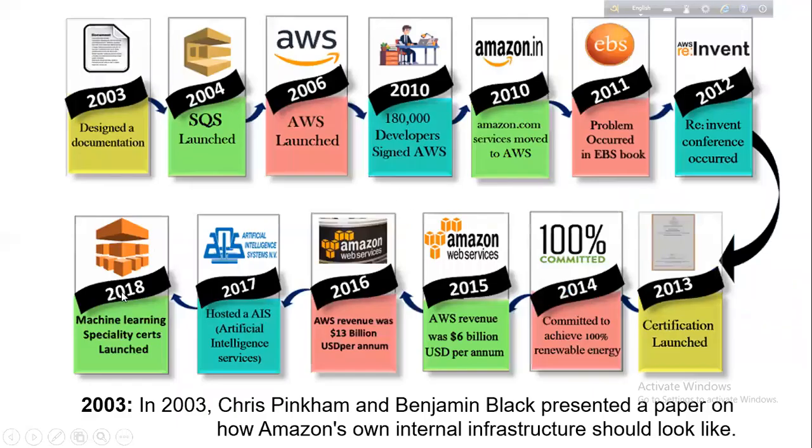This is the evolution. It started in 2003 with the design, and AWS was implemented or launched in 2006. They launched in 2006, and then the revenue became the highest one.